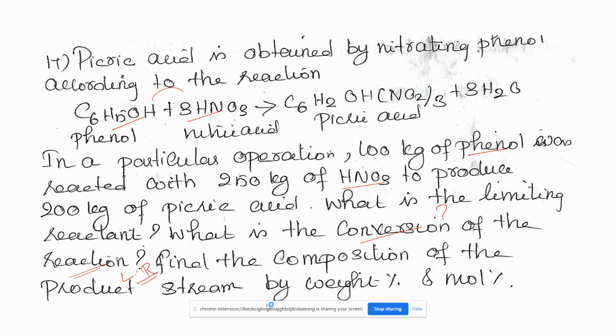And then we have to find the composition of the product stream by weight percentage and mole percentage: the amount of picric acid produced, the amount of water produced, the amount of phenol unreacted, and the amount of nitric acid unreacted. So we will start with solving the problems.